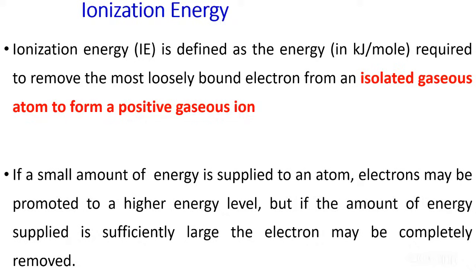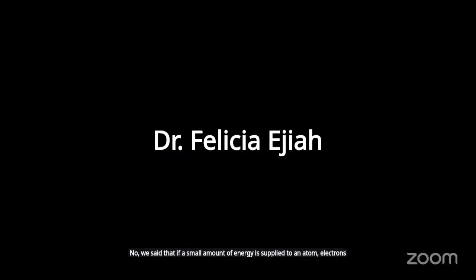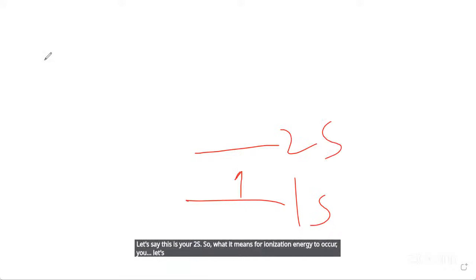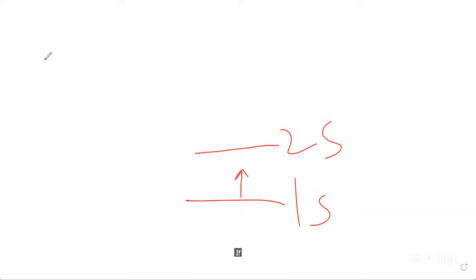Now, we said that if a small amount of energy is supplied to an atom, electrons may be promoted. Let me tell you what I mean by that. Let's say this is your 1s, and this is your 2s. For ionization energy to occur, let's say you have one electron here. If you supply a small energy, this electron can transit or jump from 1s to 2s.